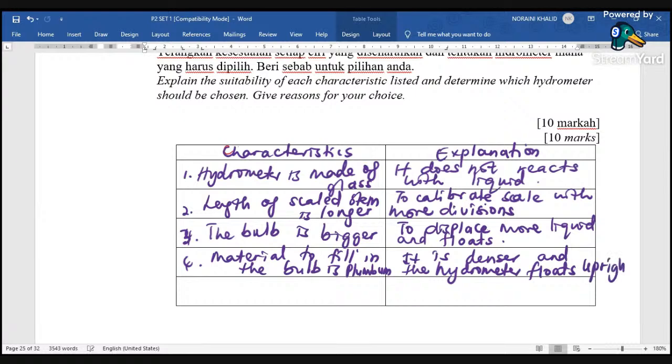Float upright, then we can read the scale accurately. Okay, and then this one 8 already, 4 plus 4. So R is chosen. Same thing, the left side you write here, make it simple for the reasons. Okay, so you have 10 marks for this one.